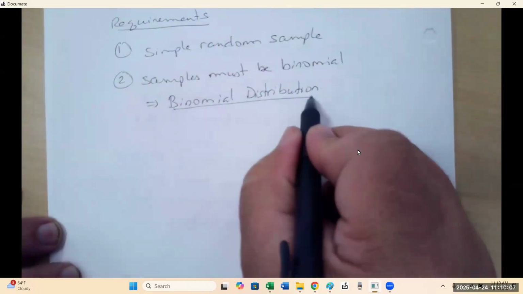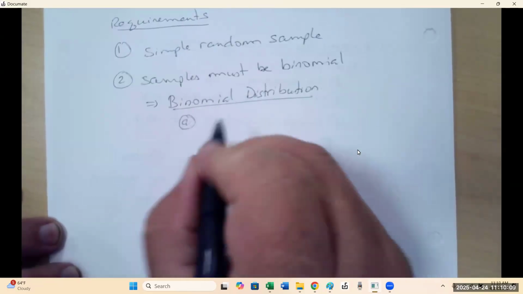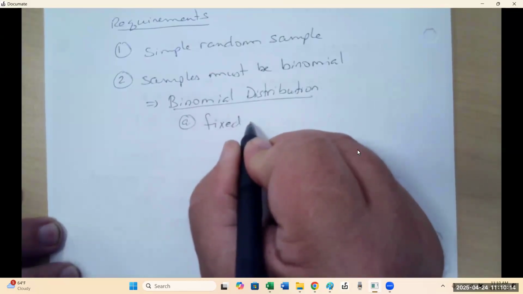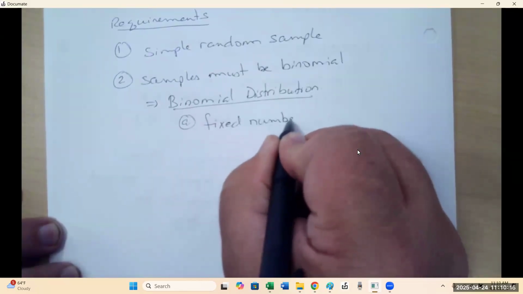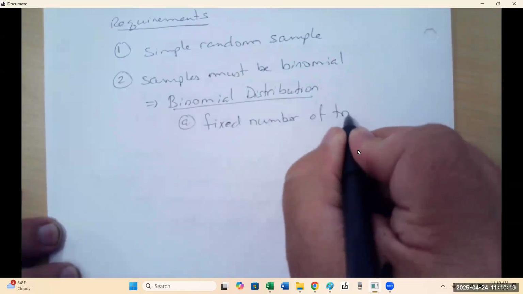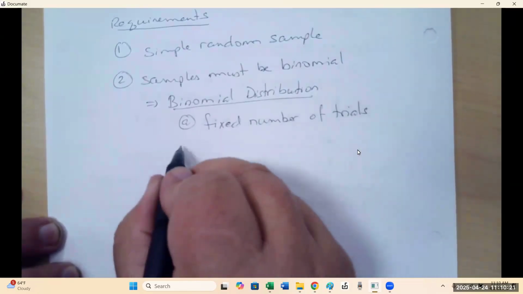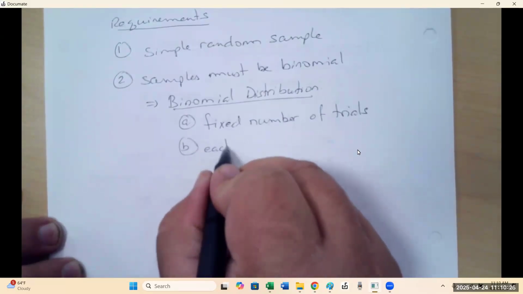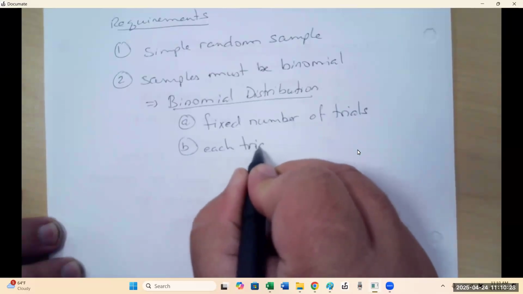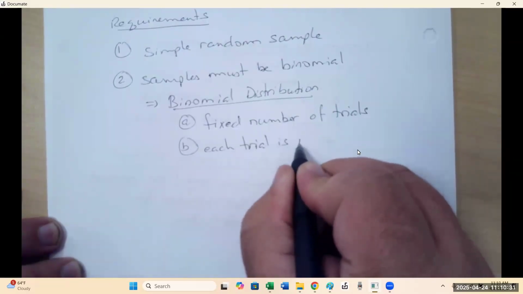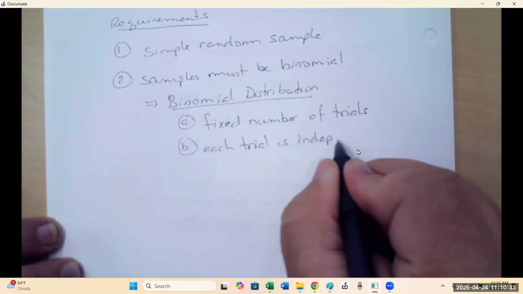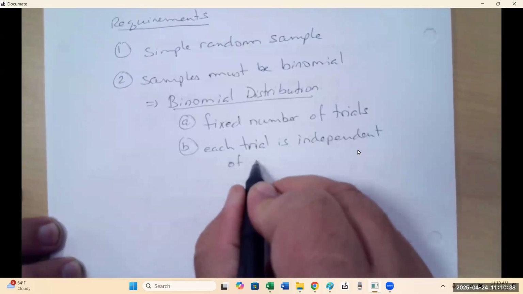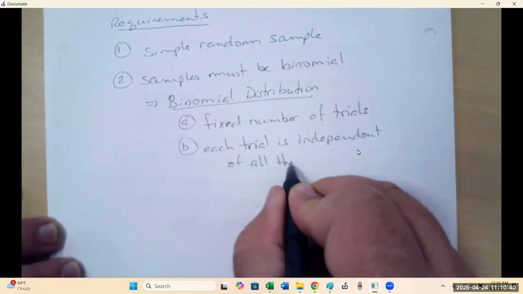Now, for a binomial distribution, we have some conditions. It has to be a finite, fixed number of trials. Each trial is independent of all the others.